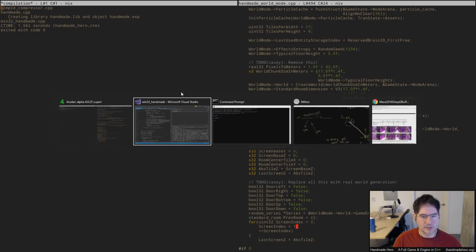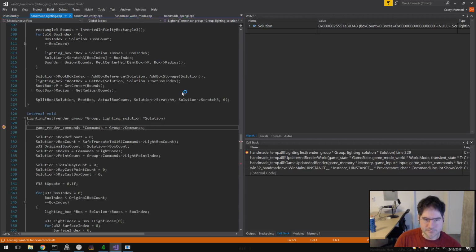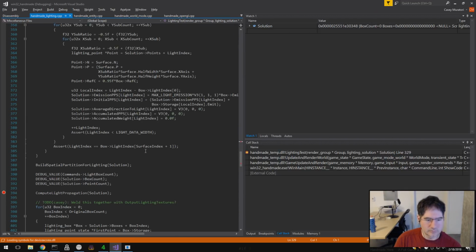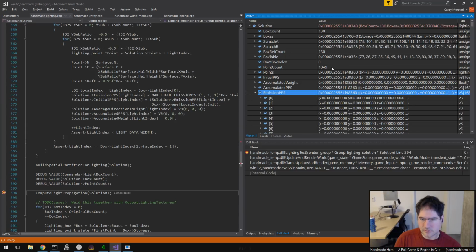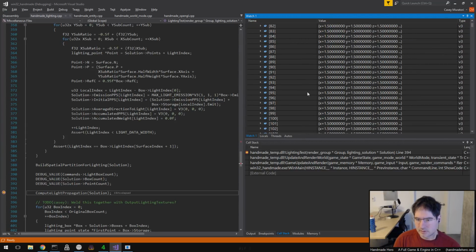I'm going to go ahead and just make one, and then I'm going to look at the emission array. I don't know how many points we have, though. 1849. So there we go, here's a bunch of 1.5 emitters.